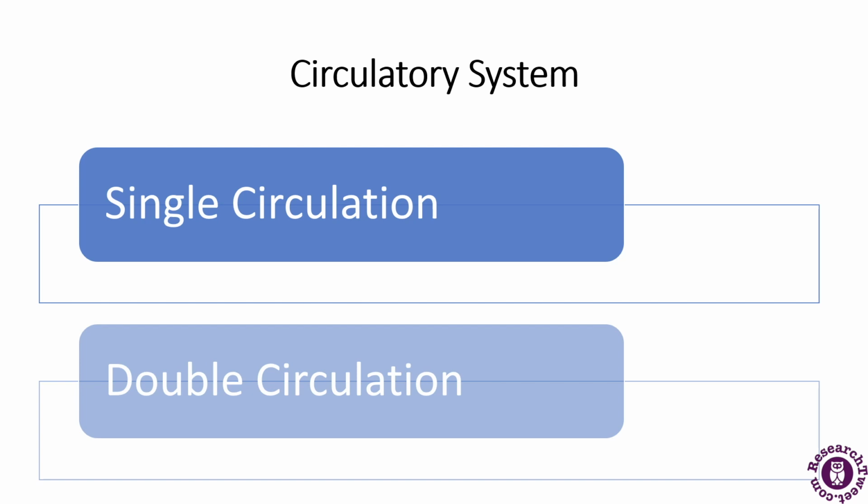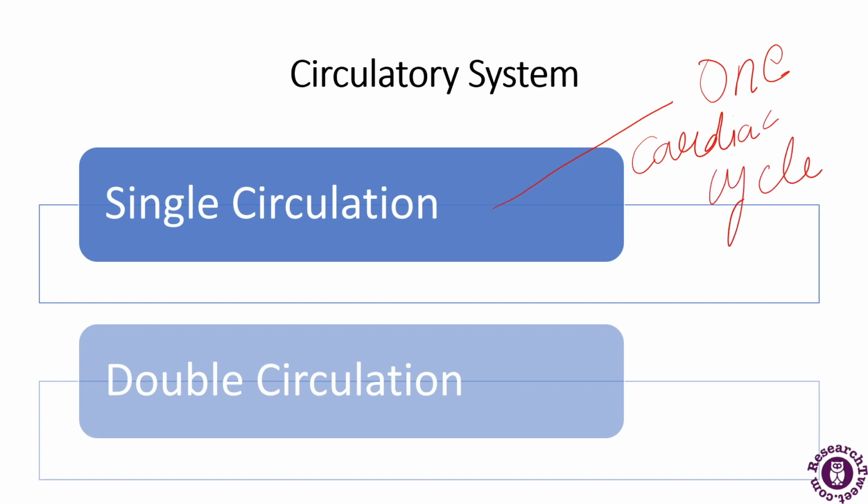Then after purification, blood is distributed to different parts of the body. Only one cardiac cycle is completed. As the name suggests, there is only one cardiac cycle, hence it is named single circulation.